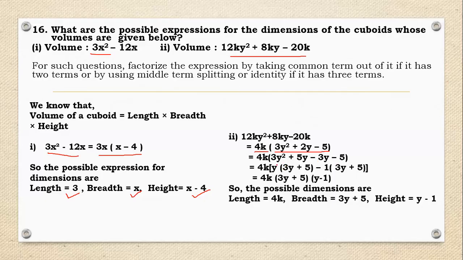We have split 2y into two parts, 5y minus 3y, and taken y common and then minus 1. So we have got the factorized value of this, 3y plus 5 and y minus 1. So all the possible dimensions that we have: length is 4k, breadth is 3y plus 5, and the height is y minus 1. This is how we solve such questions where we have algebraic expressions given as the volume, and factorization is the concept involved here.